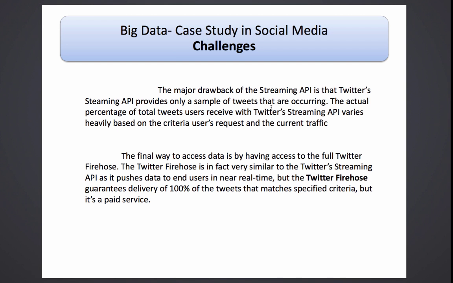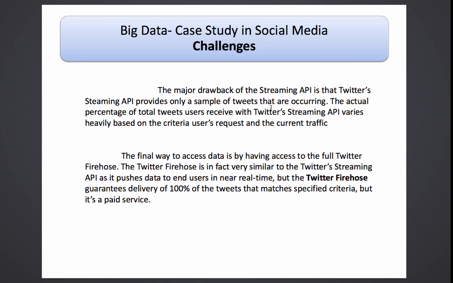The challenge, the major drawback of the streaming API that I used for the project, is that we receive only a sample of the tweets that are actually occurring. So the actual percentage of total tweets received varies heavily based on the user's request and the current traffic.